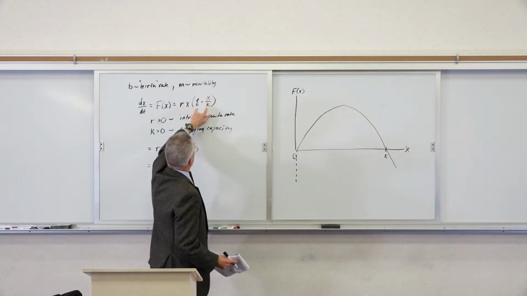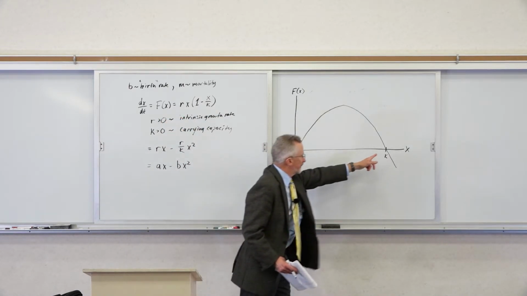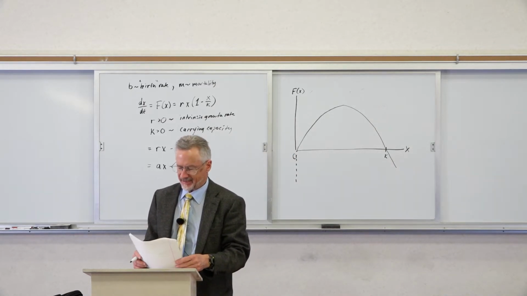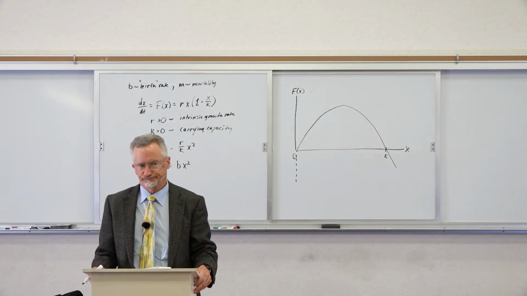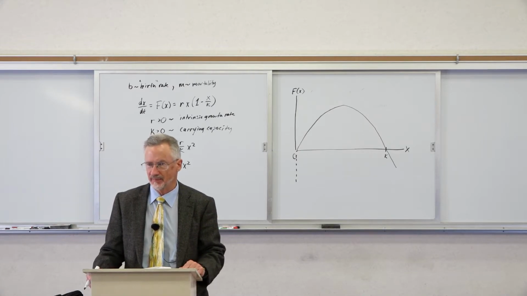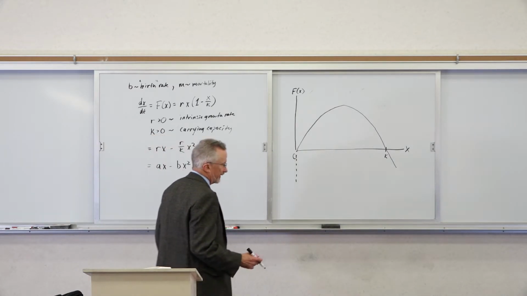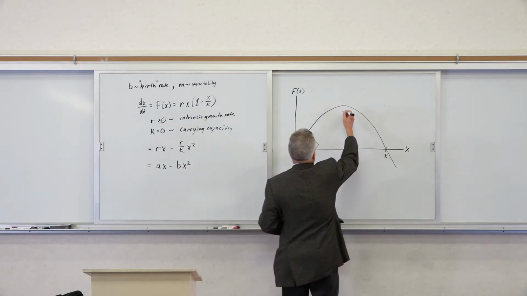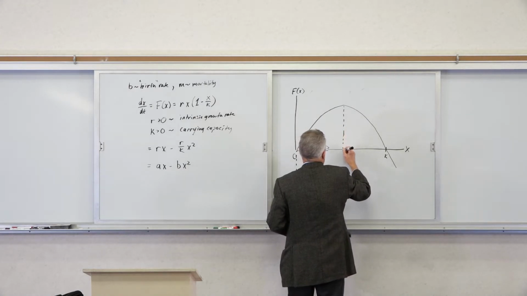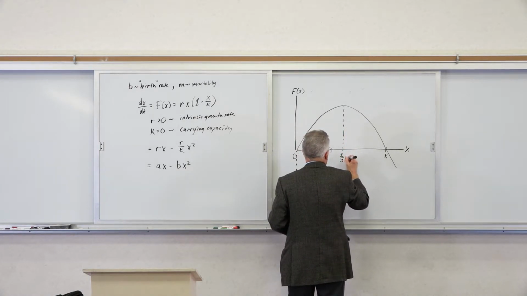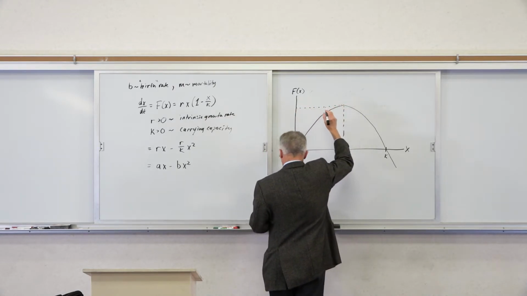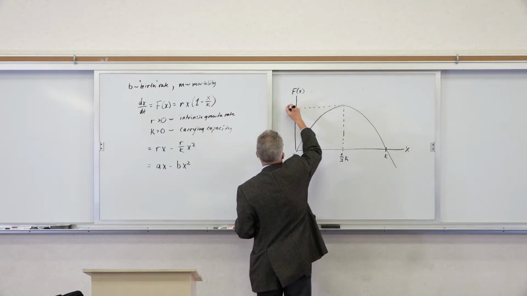If the population gets too big, negative growth rate. That's going to push you back here. So that would make sense as a long run equilibrium position of this population. And what else can we say about this? Well, that point right there would be 1/2 k. And that point right there, if we work that out, comes to 1/4 rk.